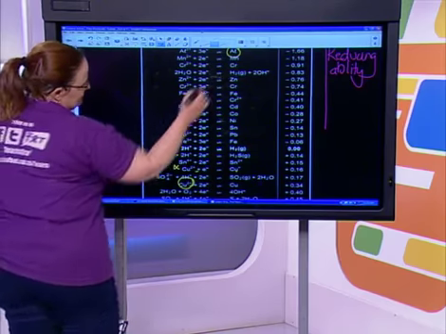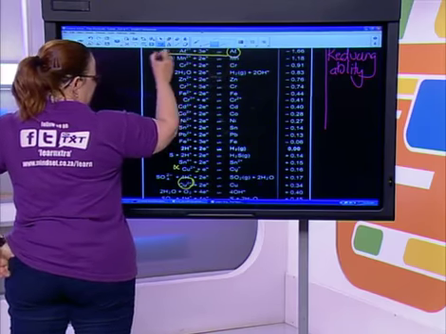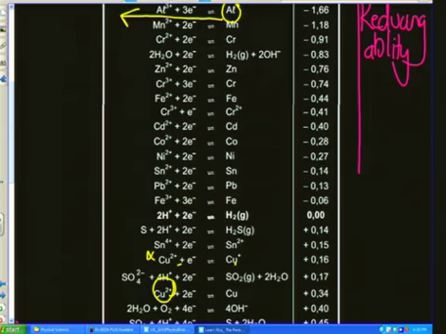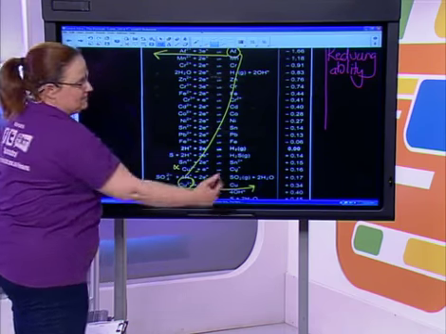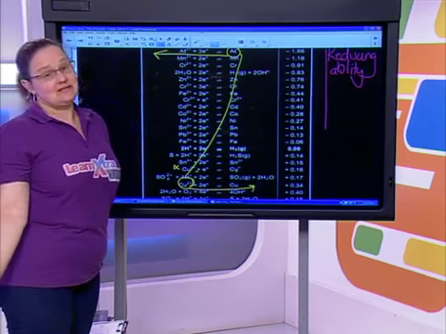Now what that means is my aluminium must be written this way around, my copper must be written this way around, and if I join them together, it makes a Z. Some of you might have been taught to see. Everyone does this differently. The fact that it makes this nice Z also tells me that it's spontaneous. So it makes me know that this would actually make a galvanic cell.